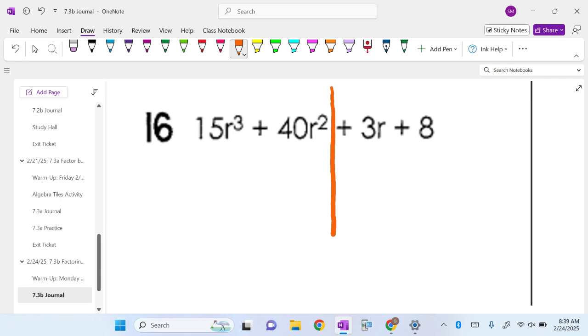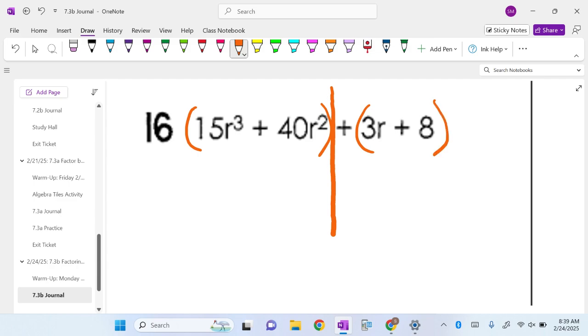Now, I want to keep the sign with the third term. If you ever have a negative sign in front of that third term, make sure it stays with that third term. So just get in the habit of drawing this third term sign with the third term. So these are my two groupings.